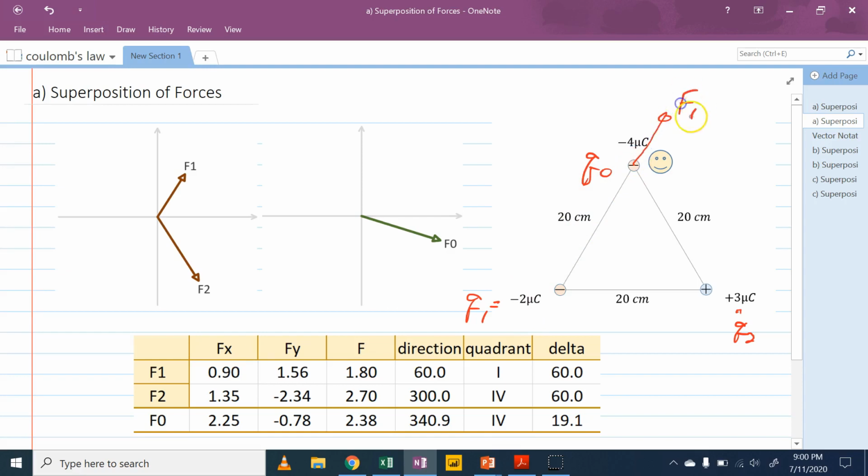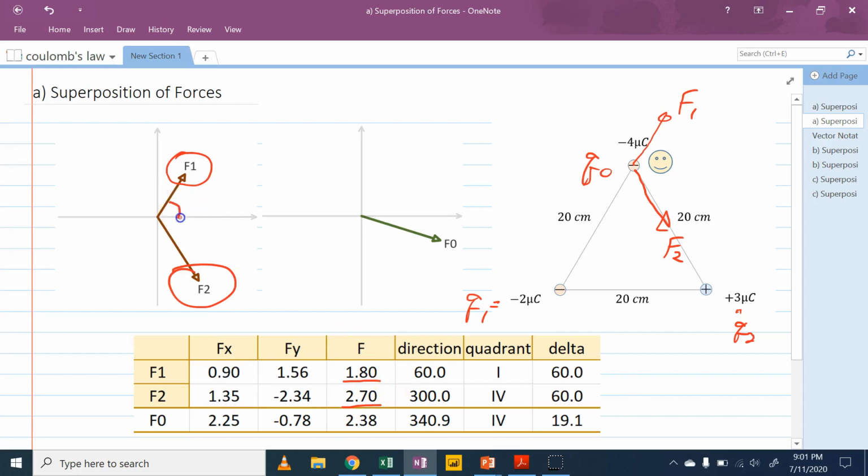I'm just showing it in a little better diagram. So F1, when we calculate the magnitude KQQ over R squared, you should get 1.8 newtons. F2, again, we said before, minus plus attract. So F2, and again, I'm showing it here. F2, you should get 2.7 newtons.